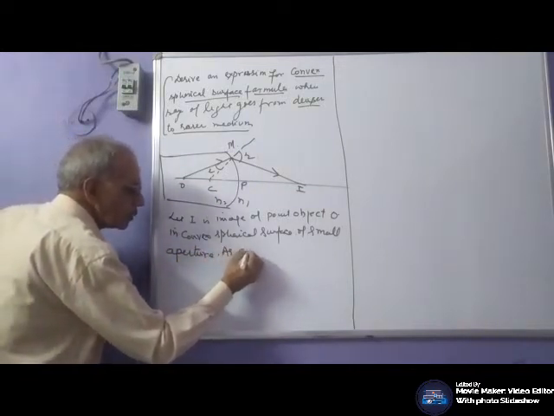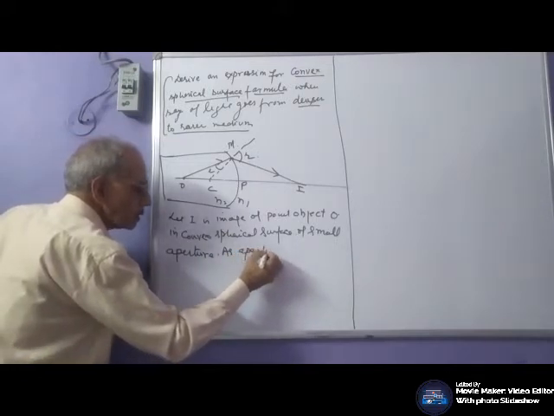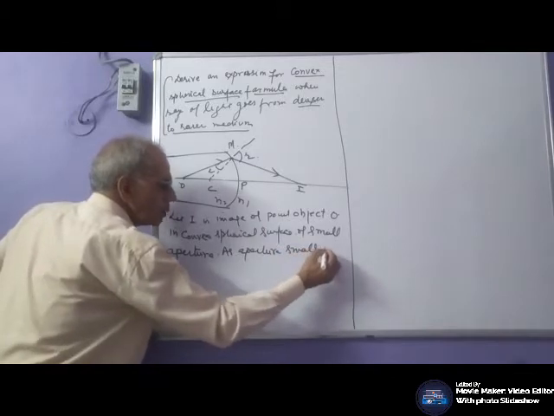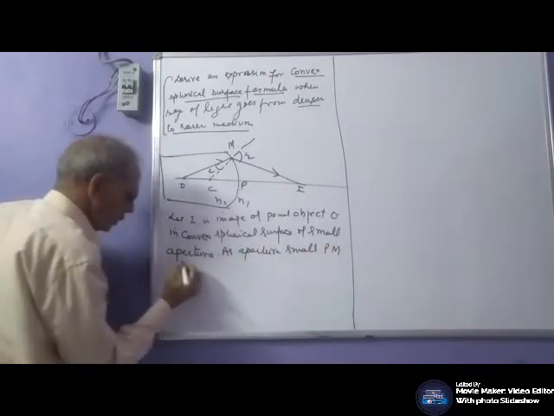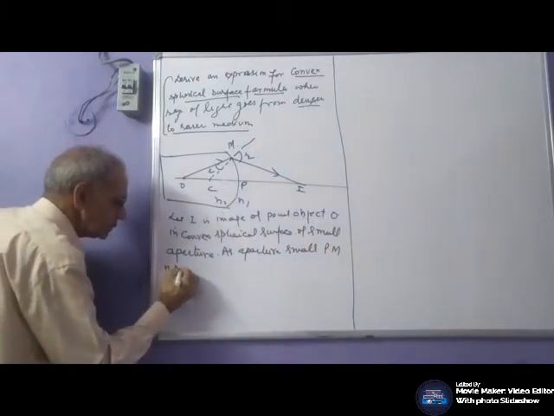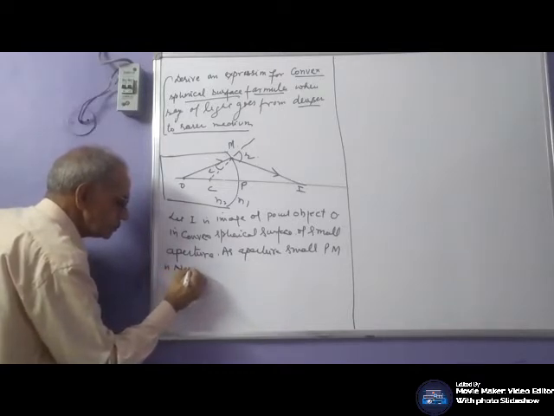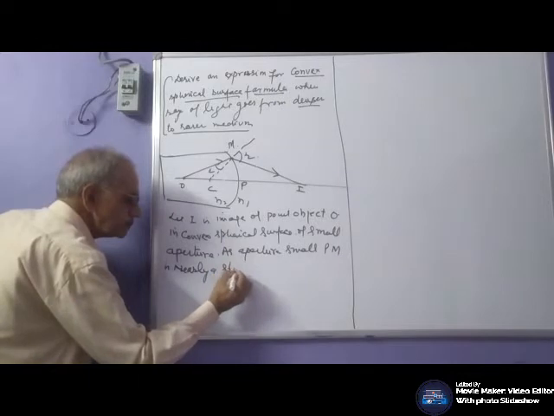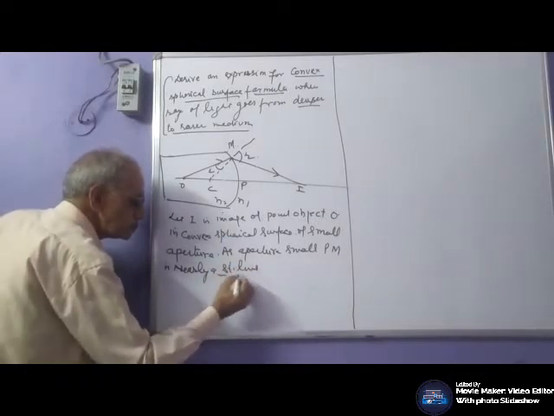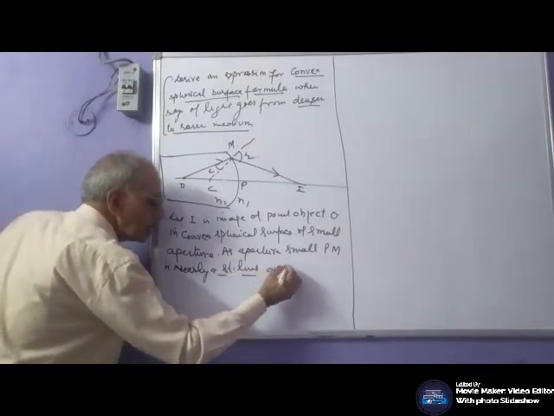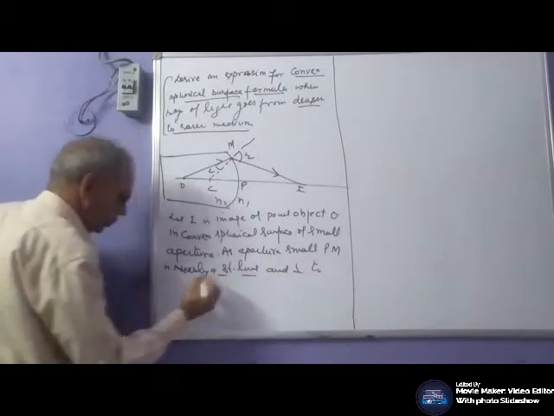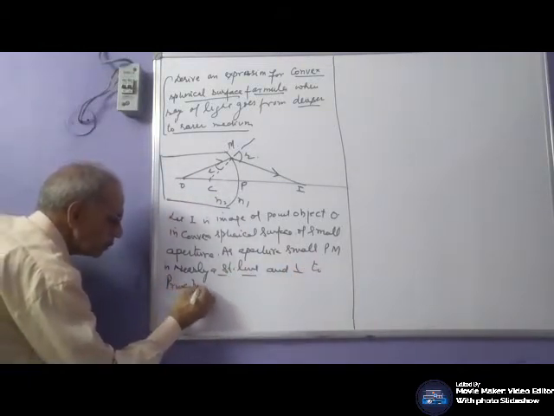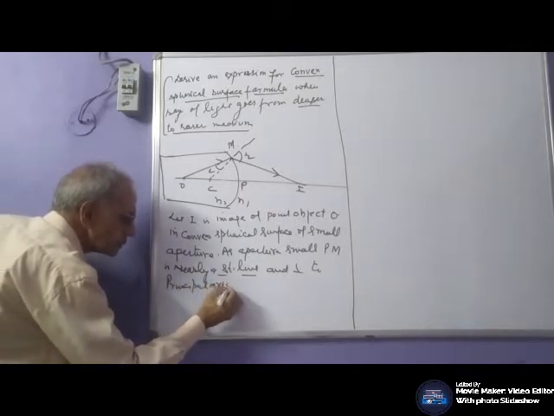As the aperture is small, PM is nearly a straight line and perpendicular to the principal axis.